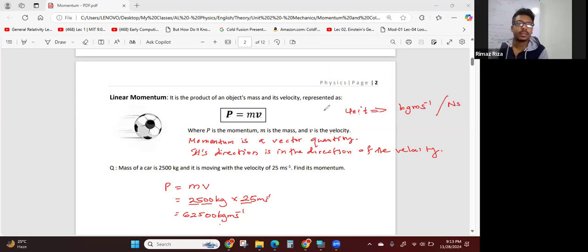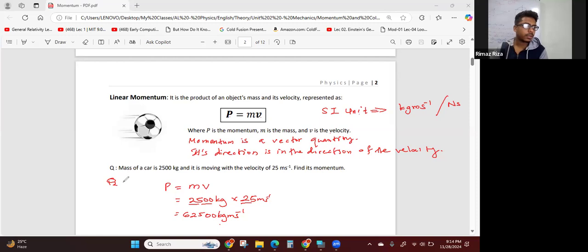Okay, so these are SI units, kg m s minus 1 or Newton seconds. Okay, write down the next question.